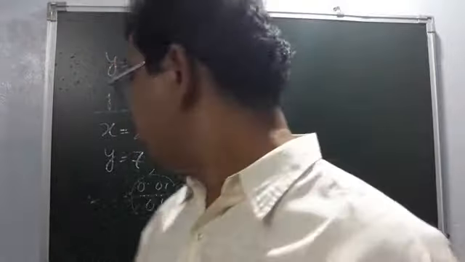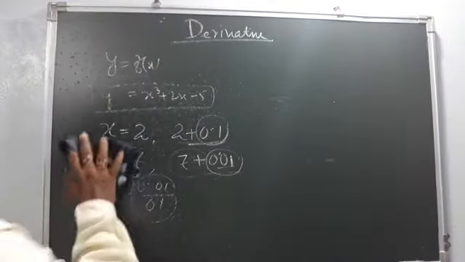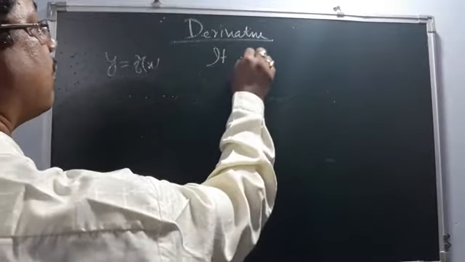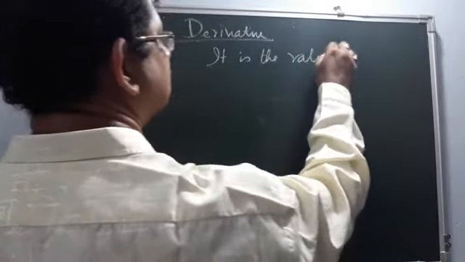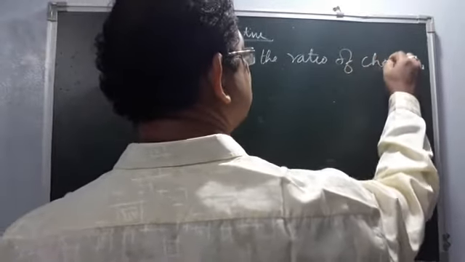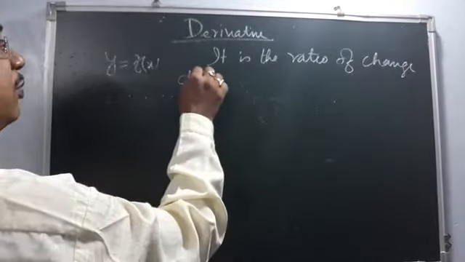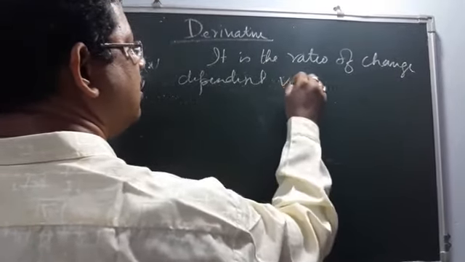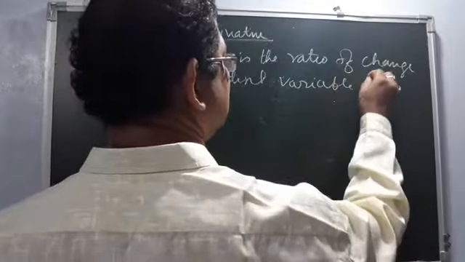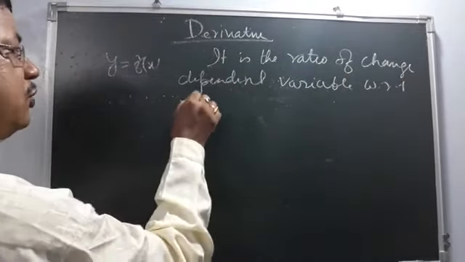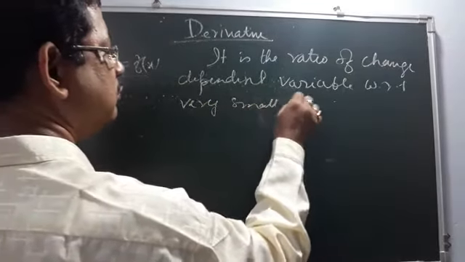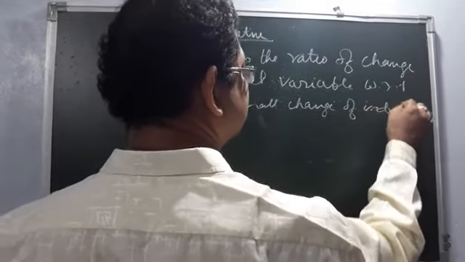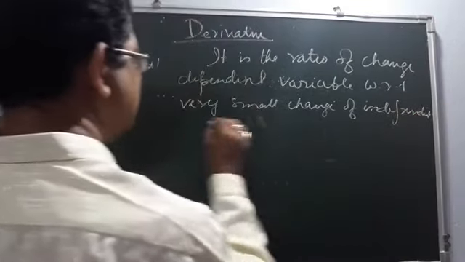So what have we learned, that derivative is the ratio of change of the dependent variable with respect to the very small change or increment of the independent variable.